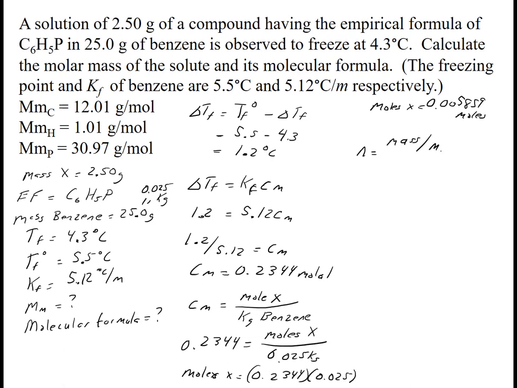And of course, moles, or n, is the mass divided by the molar mass. So I have 0.005859, and the mass of X was given to me as 2.5 grams, divided by the molar mass. When my unknown is on the bottom, I multiply both sides. So 0.005859 times the molar mass is equal to 2.50.